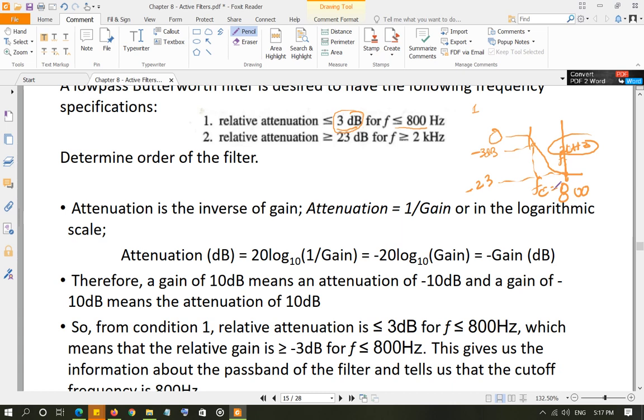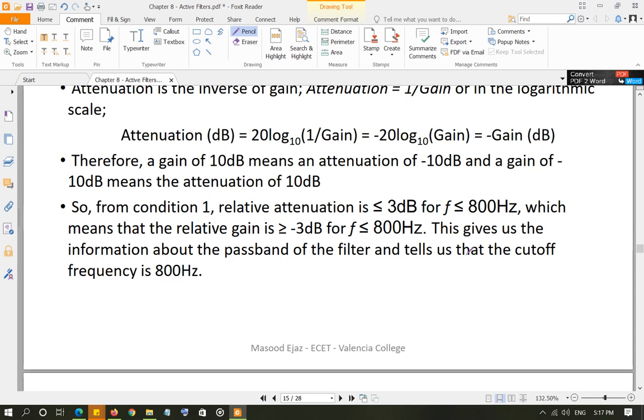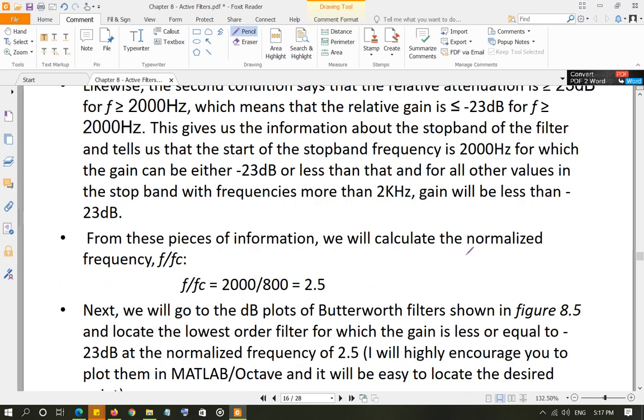So you're going to take these two pieces of information, FC and f stop, and calculate f over fc, which is 2.5, because you're doing the low pass filter. In the low pass filter, of course, the magnitude response is 1 over 1 plus f over fc to the power 2n.